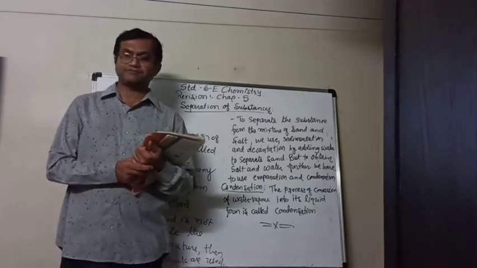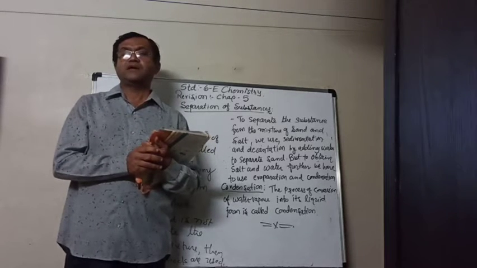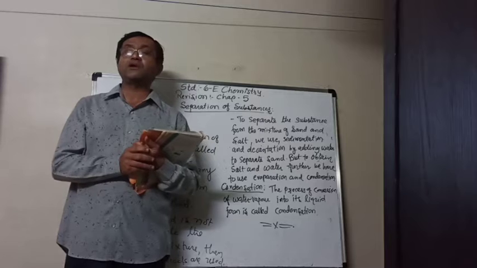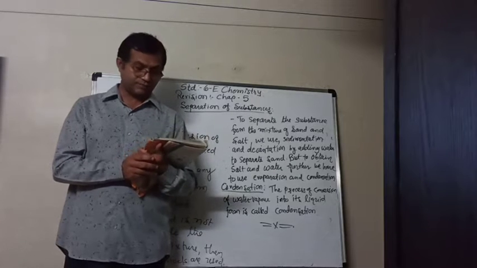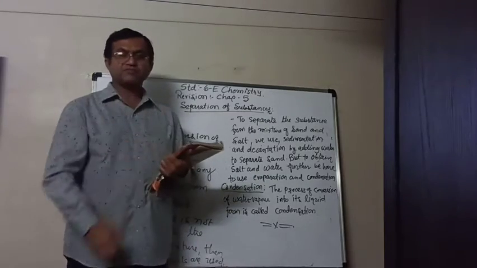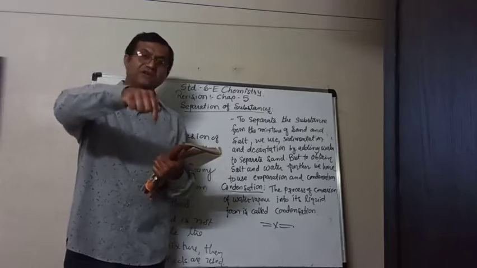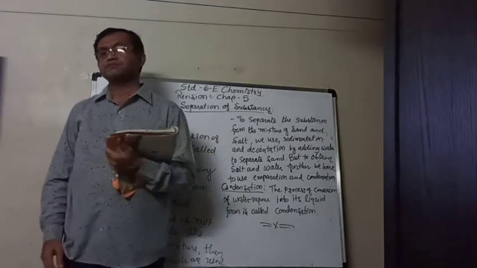Due to the ice, the temperature will go down and the water vapor will cool down and turn into water. And if you put any vessel down there, all the water will drop into it.